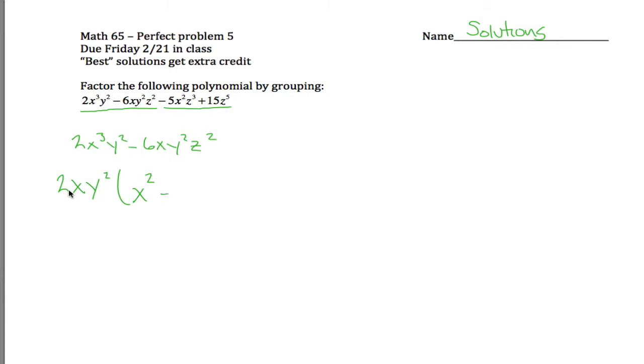Well, let's see, from negative 6 I factor out a 2. Negative 6 divided by 2 is negative 3. X to the first power, x to the first power. I already took out the 1x that was in here, so I don't have any left. Y squared, I took out both of the y's. None of those left. But I still have both of my z's. I have z squared left here.